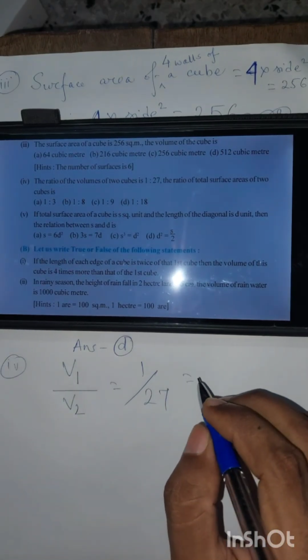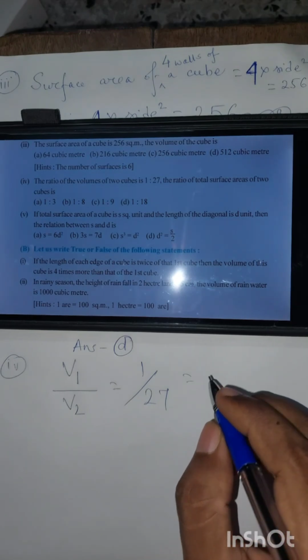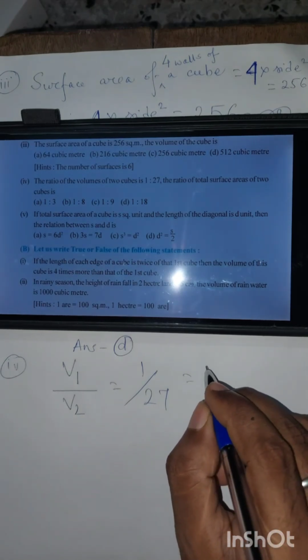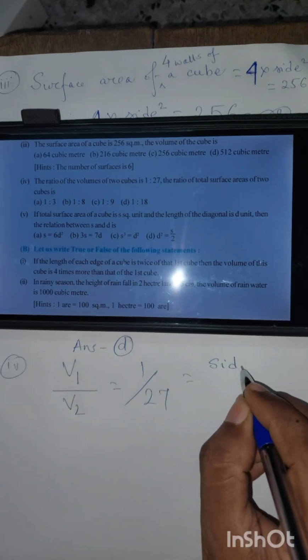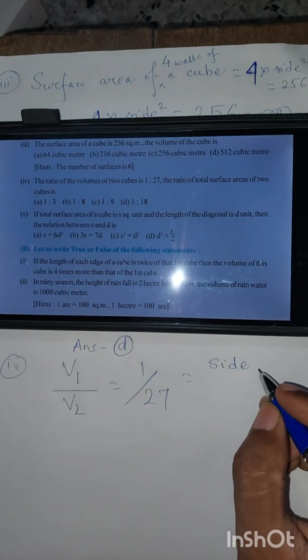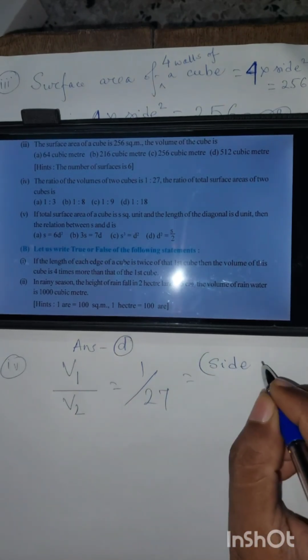So the volume of cube we know, side cube.